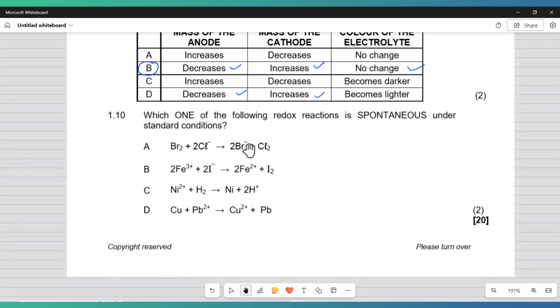They say here, which one of the following redox reactions is spontaneous under standard conditions? So in this, what we do, we look at all the equations here, and as we do so, we are going to form a cell using table 4b.